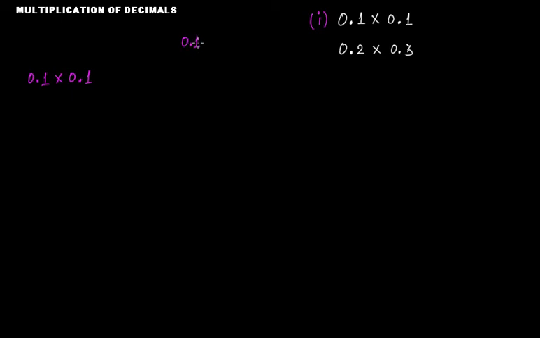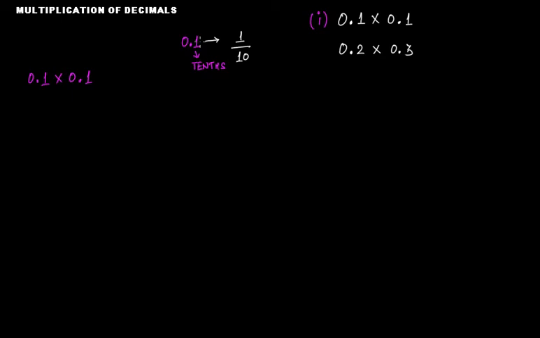It means that the first place to the right of the decimal point is always tenths, right? This is tenths. We know this. Therefore, this 0.1 can be written as 1/10, right? This is a very basic concept which we learn in decimals.